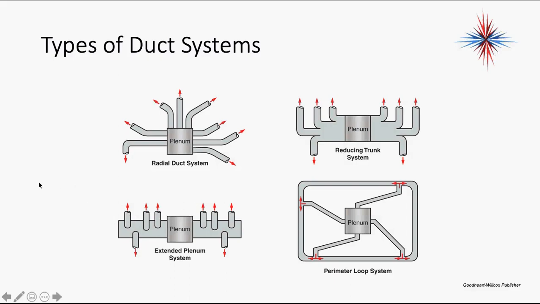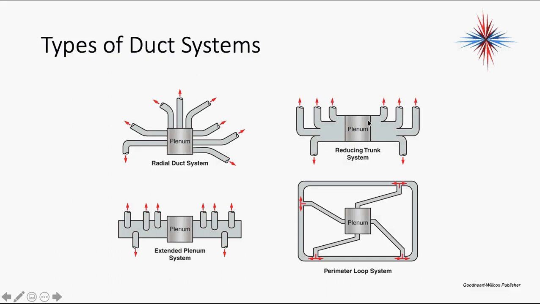That bedroom is going to be kept comfortable, but the child's bedroom that's closer to the plenum on the supply system is going to either boil or freeze depending on the time of the year. So extended plenum systems have some issues with controlling airflow and balancing everything out.